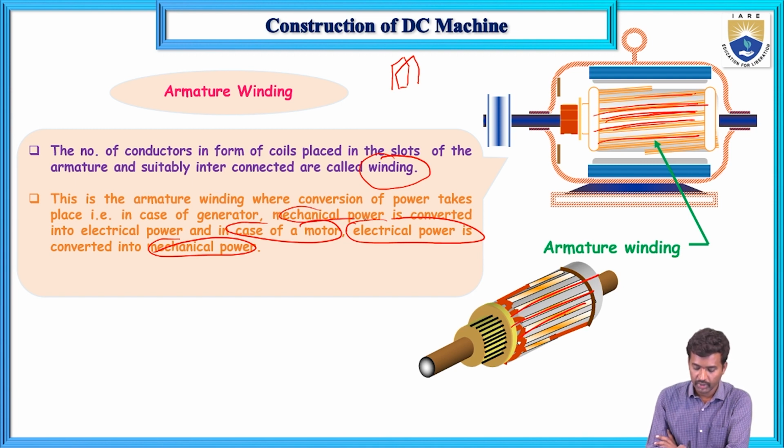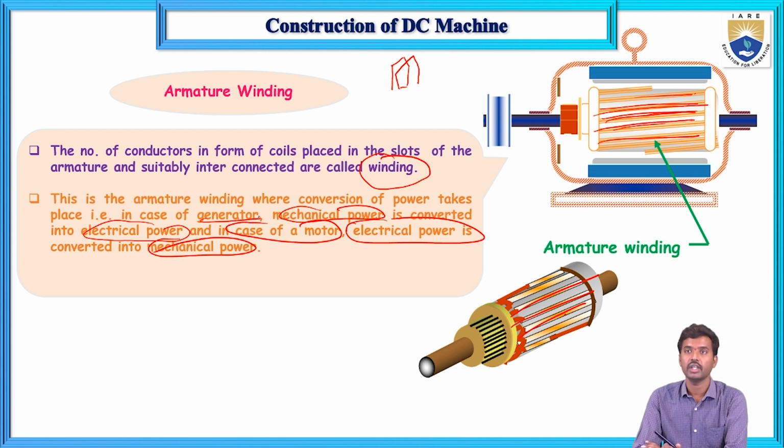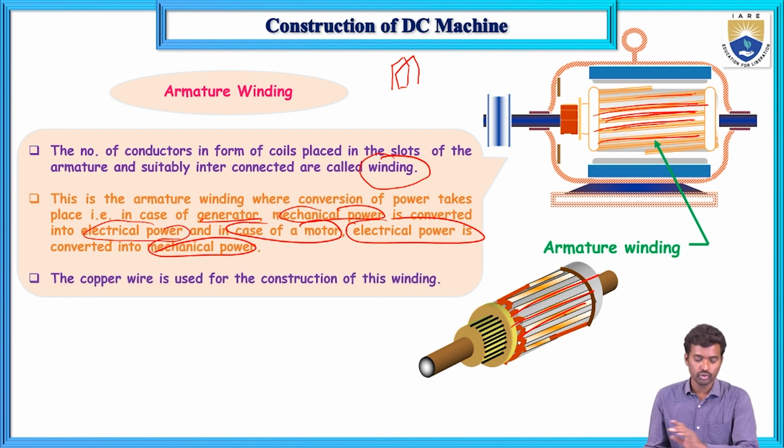Electromechanical energy conversion takes place in the armature winding only. The material used for the armature winding is copper wire only. For the field winding also we use copper wire. For winding purposes, we always use copper material in machines.